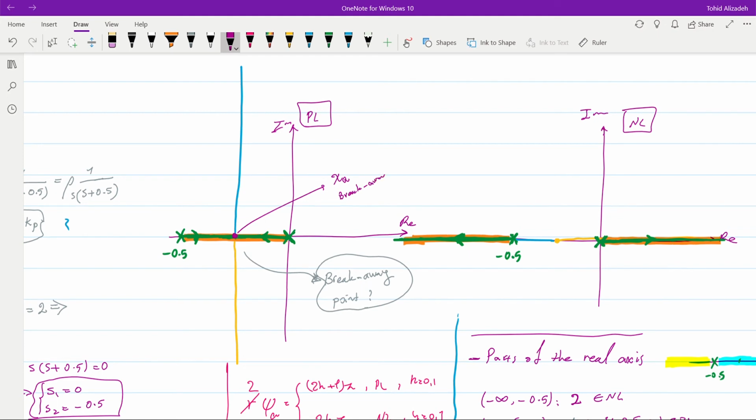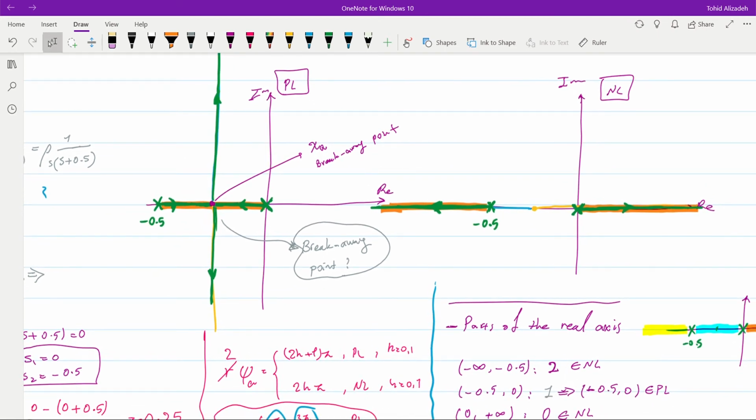So at that breakaway point, we will have two branches going out of the real axis. One will go towards infinity using this asymptote, and the other one will go towards infinity using this asymptote. So this will be our positive locus indeed.